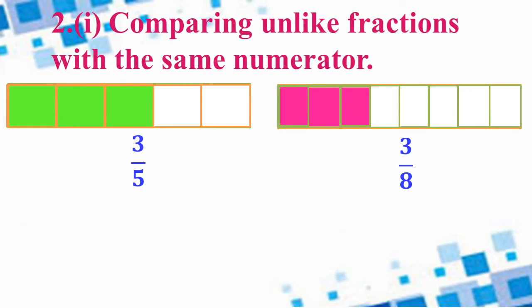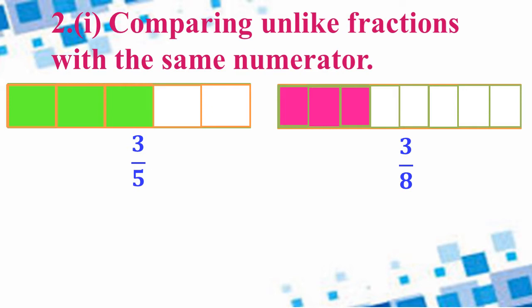Next, comparing unlike fractions. We already know that fractions with different denominators are unlike fractions. Let us compare unlike fractions with the same numerator. Let us consider unlike fractions 3 by 5 and 3 by 8, having the same numerator.